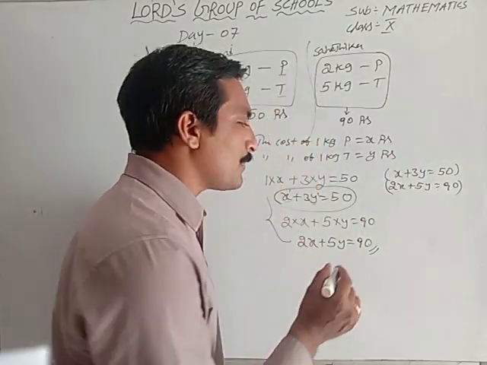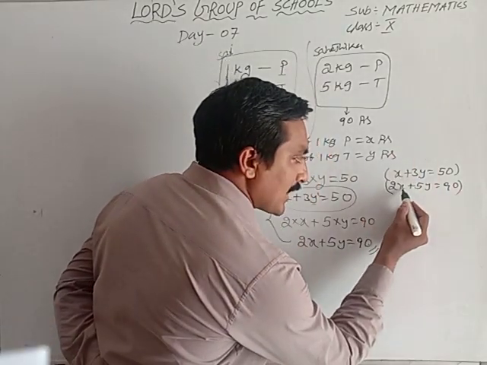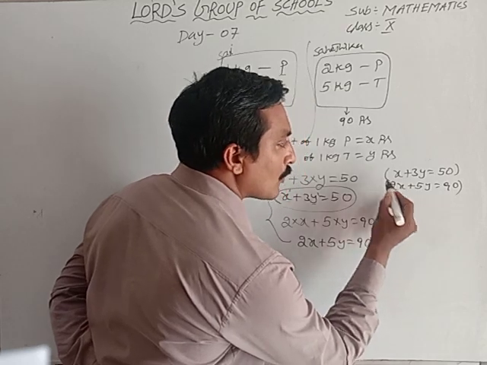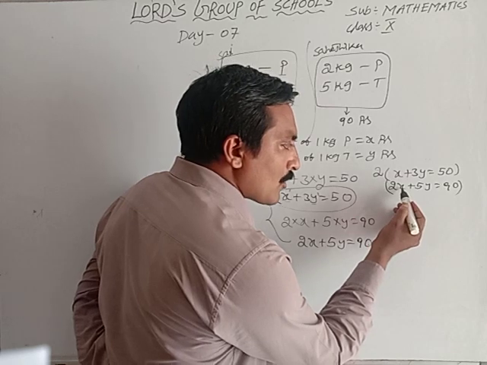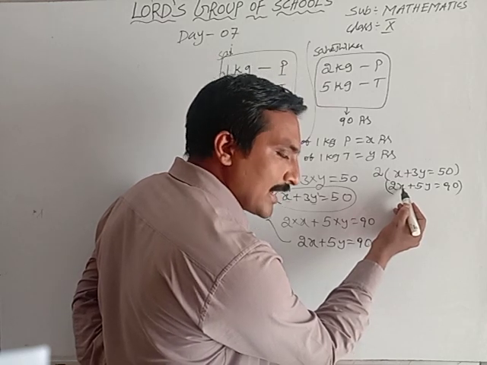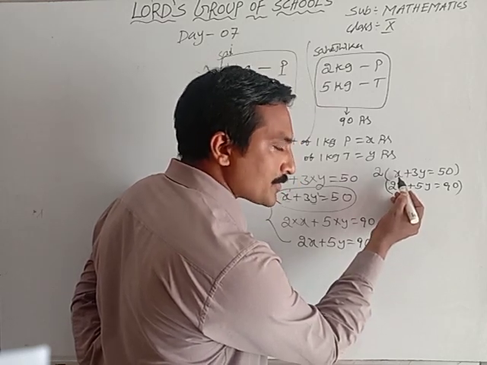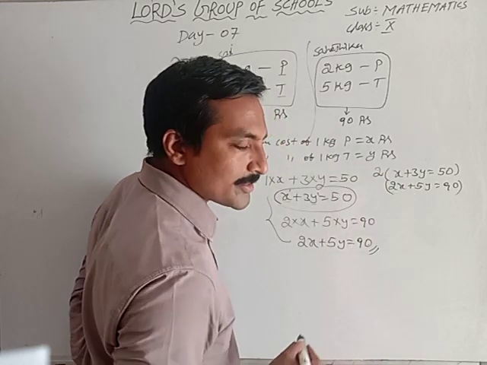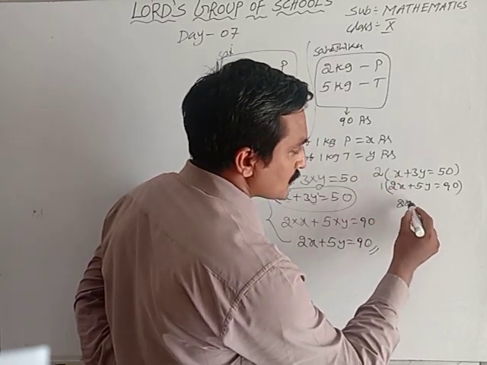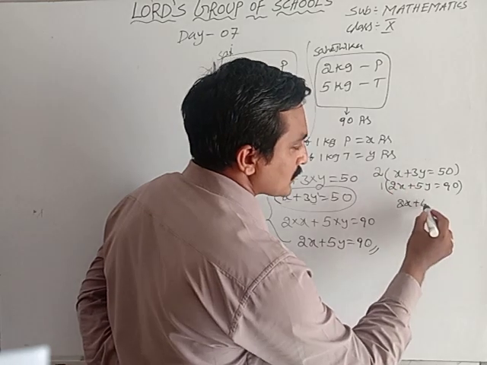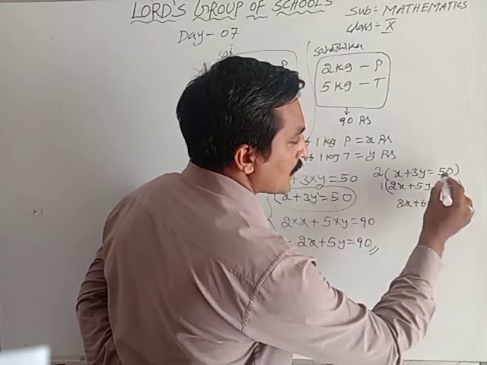In this case, I will select from the second equation the x coefficient 2, and multiply it with the first. Whichever variable coefficient you select in the second equation, the same variable coefficient you have to select from the first equation. 2 into x, 2x. 2 3s are 6y. 2 50s are 100.